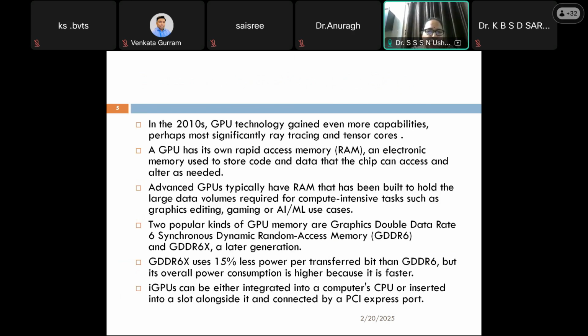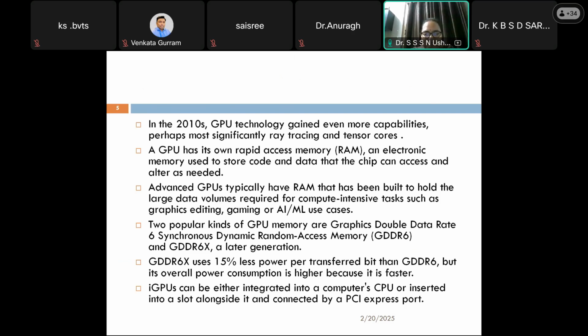So GPU also has a faster RAM, which we usually term GDDR, graphics double data rate synchronous dynamic random access memory. So those are called GDDRs. We have two versions of GDDR, GDDR6X and GDDR6.